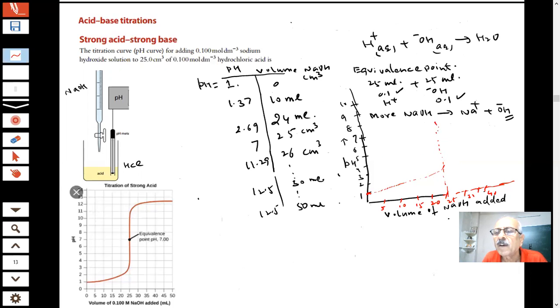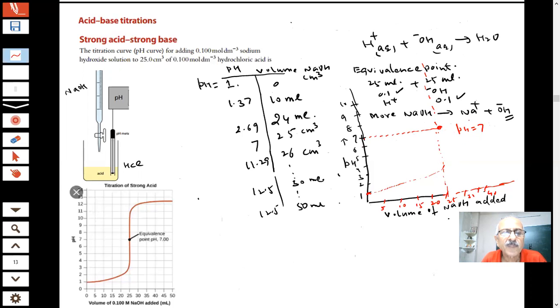As you can see, a big increase like this, and pH 7. This is my pH 7. This is at the equivalence point. At the equivalence point, the pH goes to 7 in the case of strong acid and strong base titration.